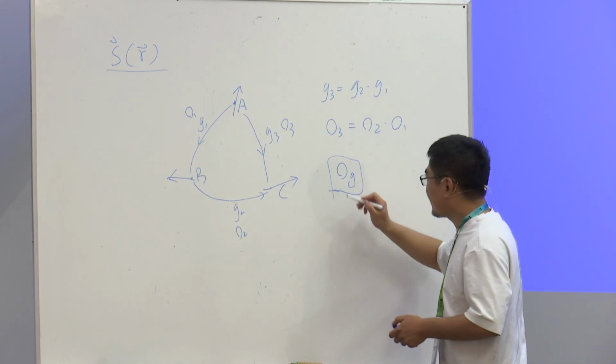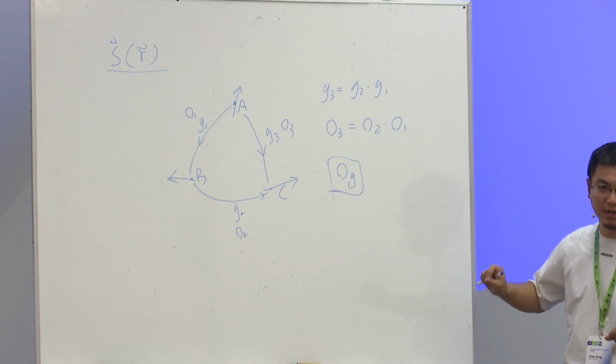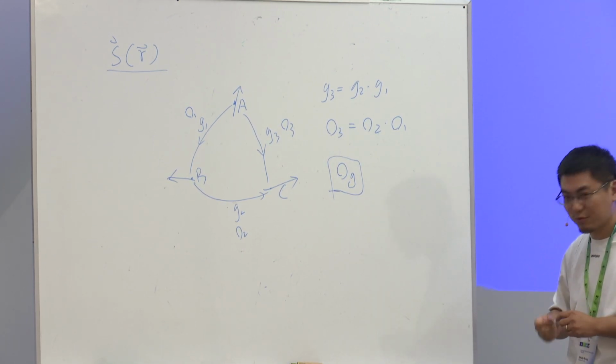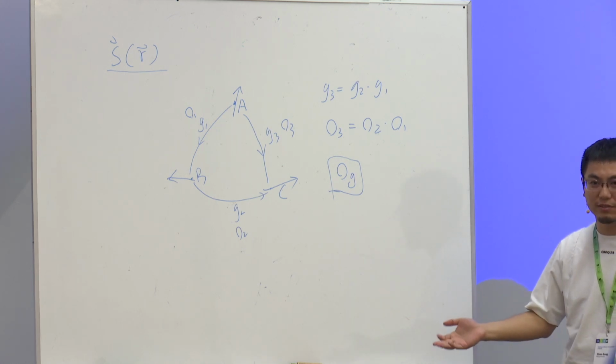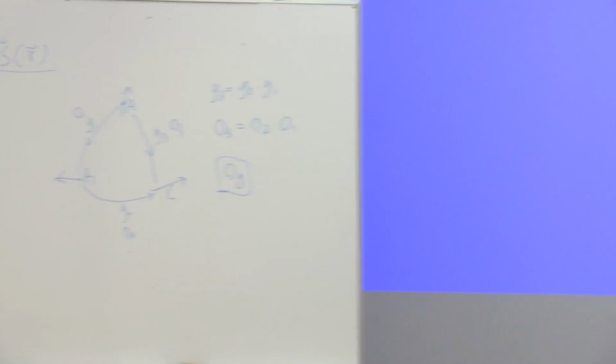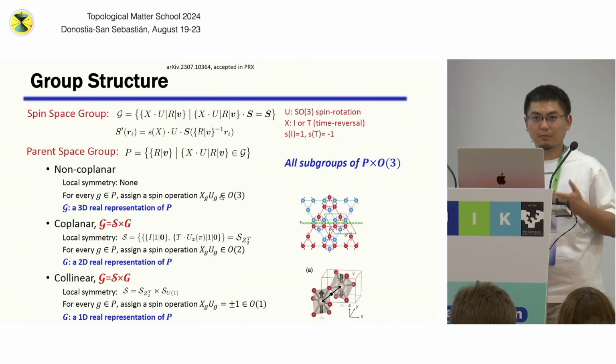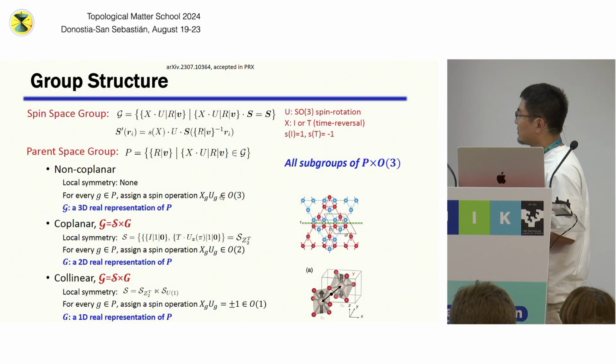So the classification problem becomes a very simple problem. It becomes a problem to enumerate all the possible three-dimensional representations. And so after regularizing this, we can formulate this problem in a very simple and nice form.